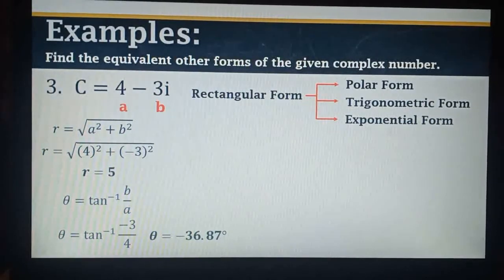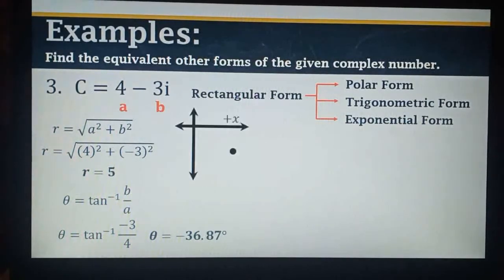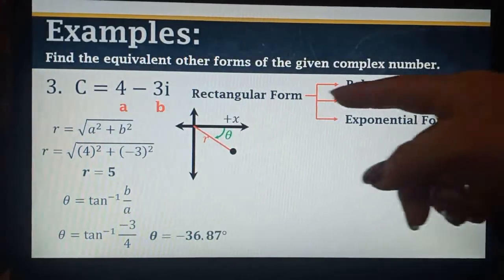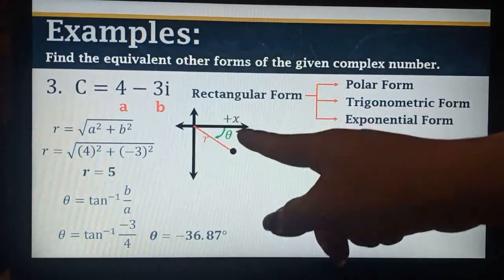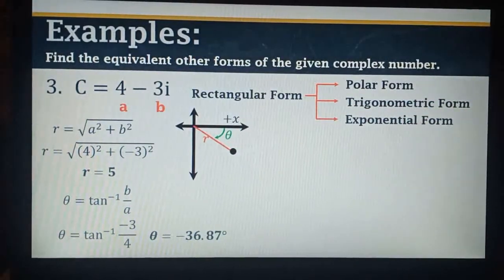But if you locate your complex number c, the location of the complex c is fourth quadrant. So pag nilocate natin si r at nilocate natin si theta, you have from the positive x clockwise, that is negative 36.87.